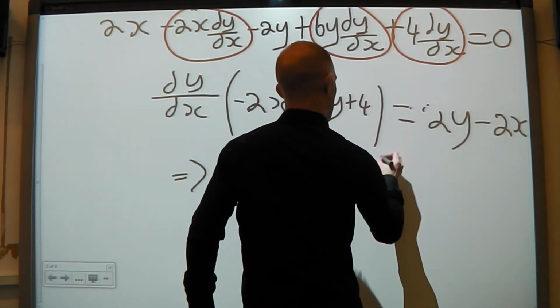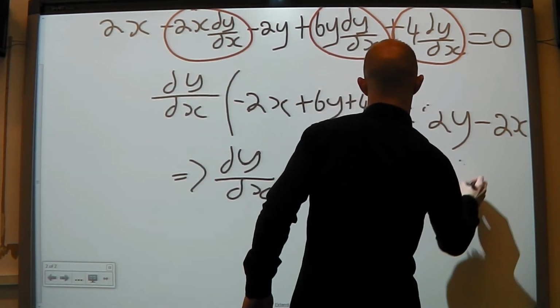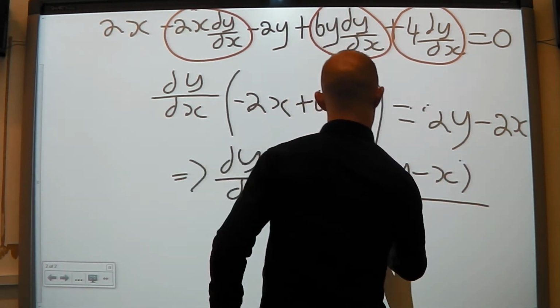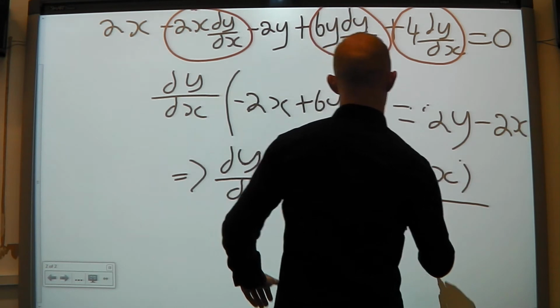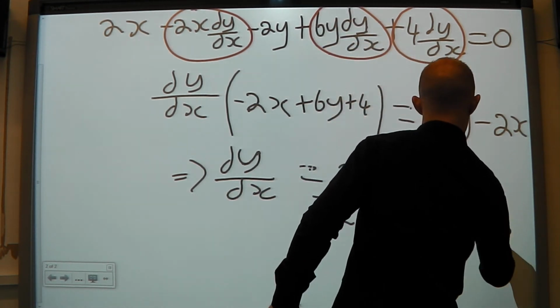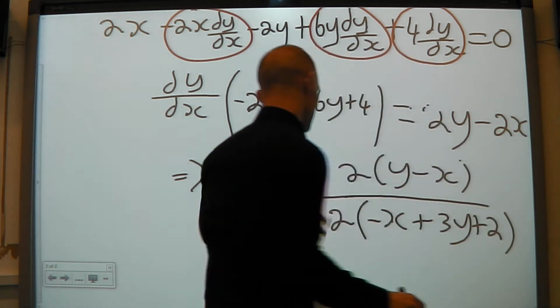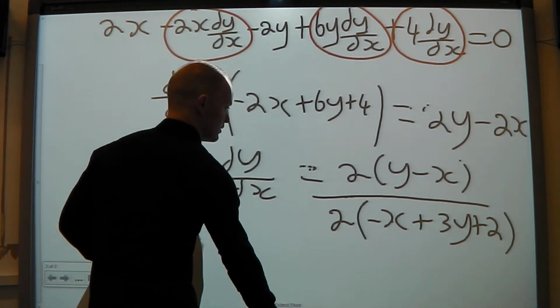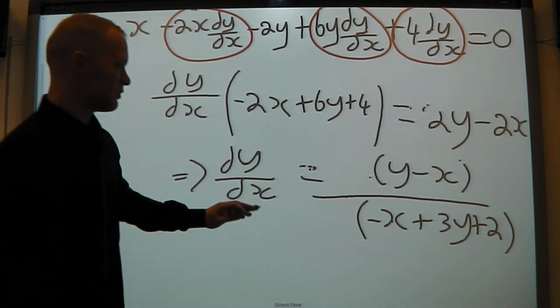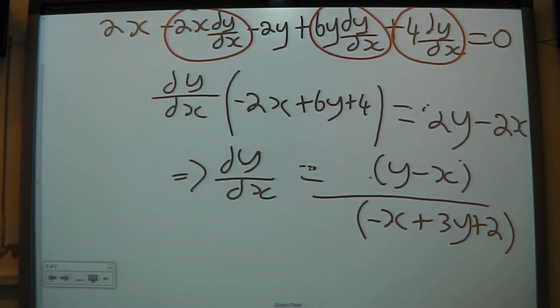So it's equal to 2 into y minus x all over 2 into minus x plus 3y plus 2. And any number divided by itself is 1. So 2 divided by 2 is 1, we just get rid of that there. So that implies dy/dx is equal to y minus x all over 3y plus 2 minus x.